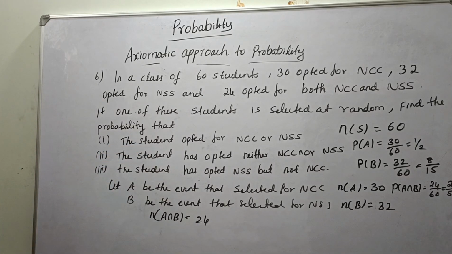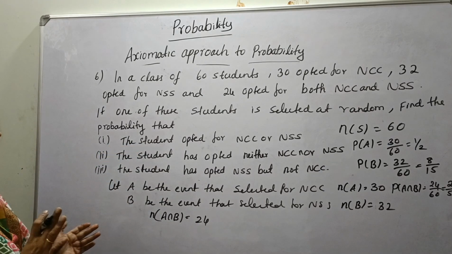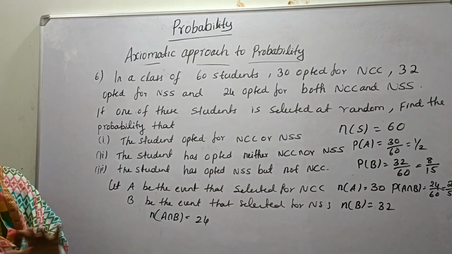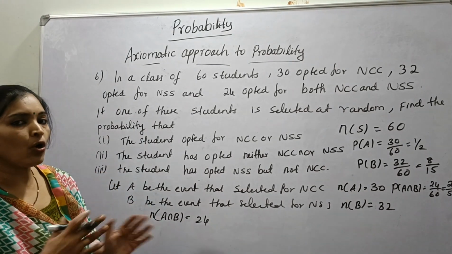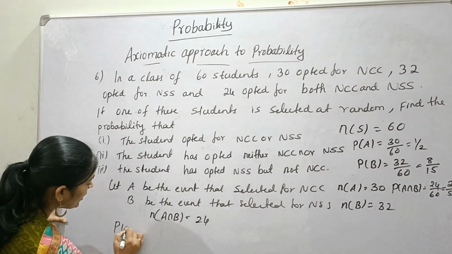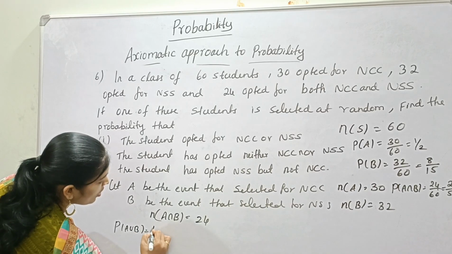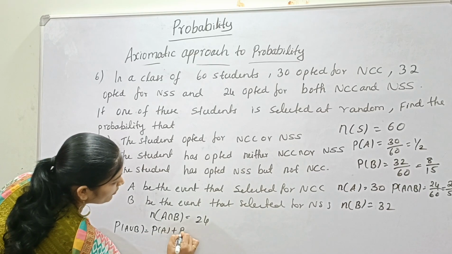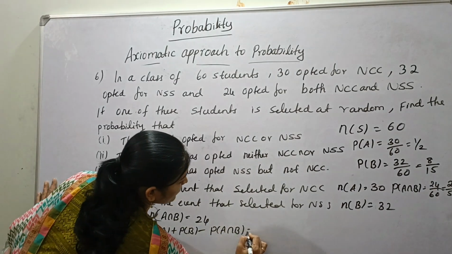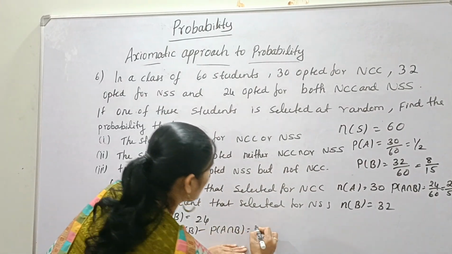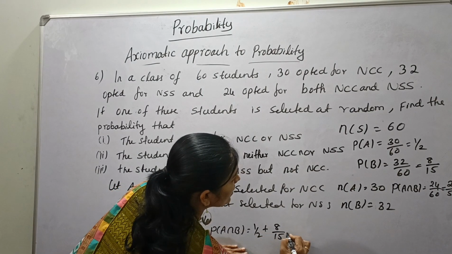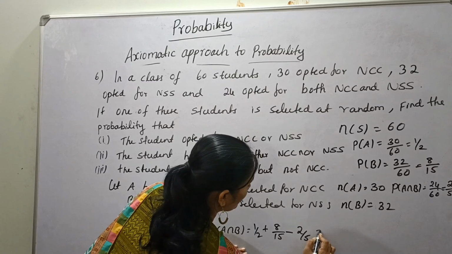Our first question is the student opted for NCC or NSS. That means all the students who are in NCC or NSS, so A union B. Probability of A union B is equal to probability of A plus probability of B minus probability of A intersection B. That is 1 by 2 plus 8 by 15 minus 2 by 5.